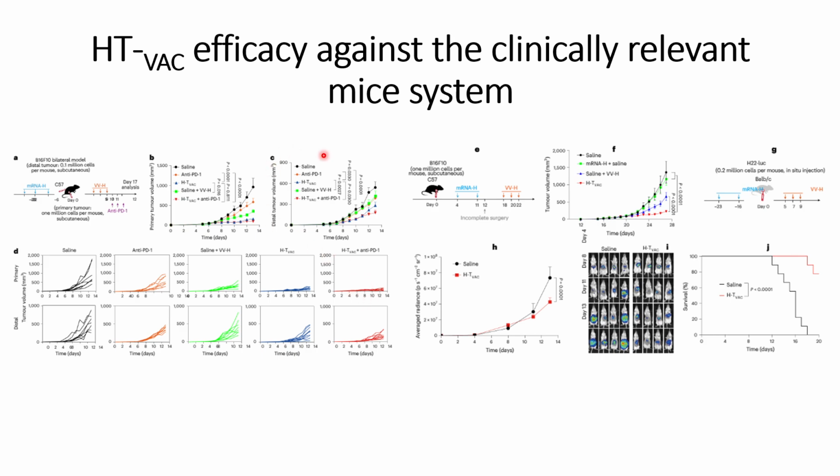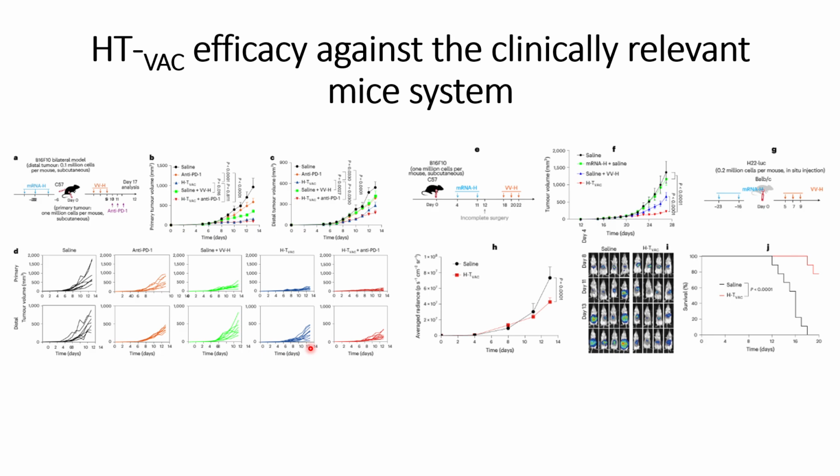For the distant tumors, they see maximum tumor suppression for both cases. However, anti-PD-1 plus HT-VAC outperforms HT-VAC alone. This is also shown individually in panel D, where HT-VAC plus anti-PD-1 shows higher performance, or more tumor suppression, compared to HT-VAC alone.